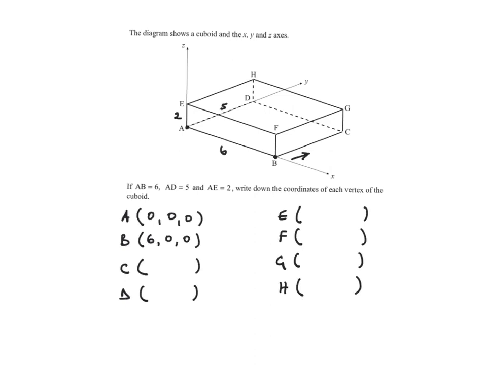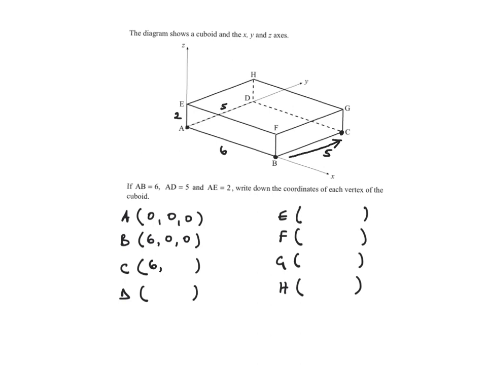C, well, let's have a look and see. C is here. So how do we get from the origin, point A, to the point C? Well, it's 6 along in the positive x direction. That takes us to the point B. And then what we want to do is to move 5 in this direction here.